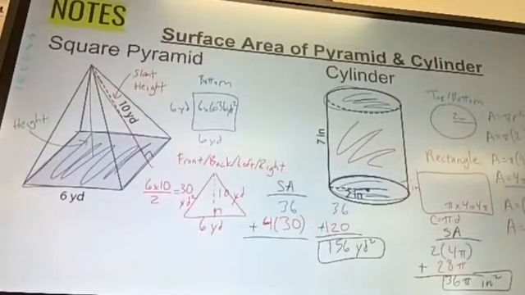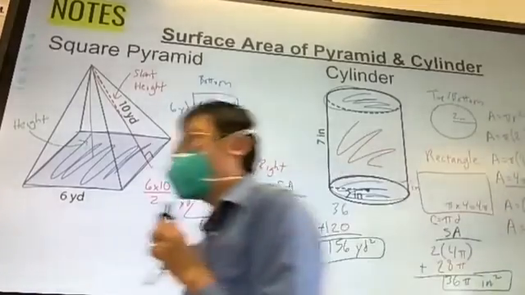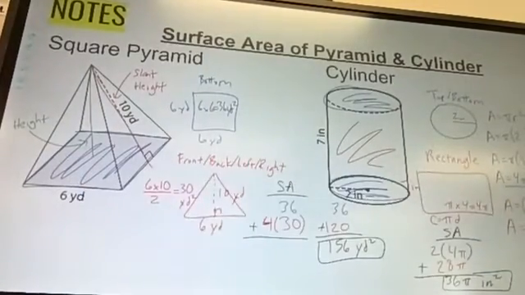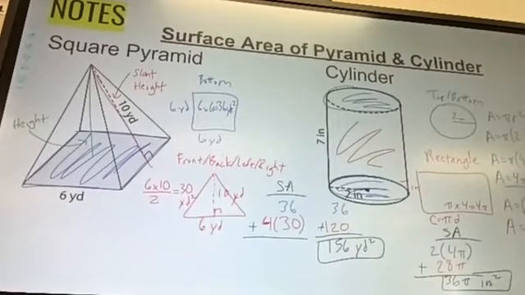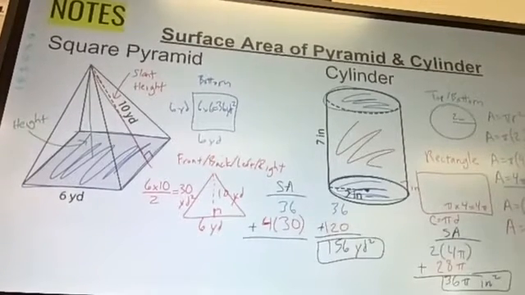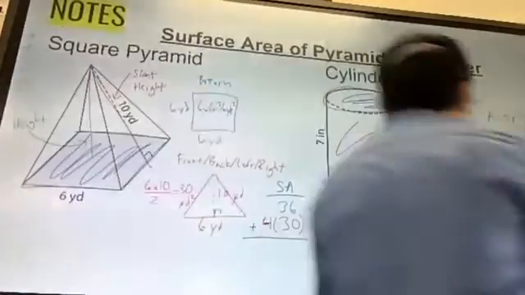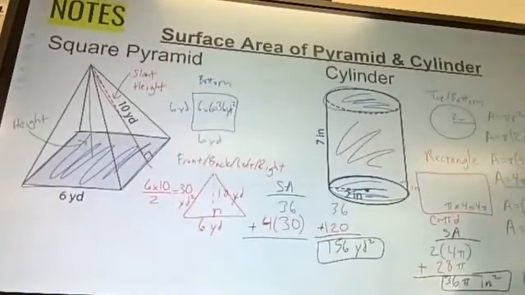So you have 2 different answers, one in terms of pi and the other one in terms of a decimal. Calculation very quickly, just to have another solution: 36 times 3.14 gives you 113.04 inches squared. So either answer is acceptable.